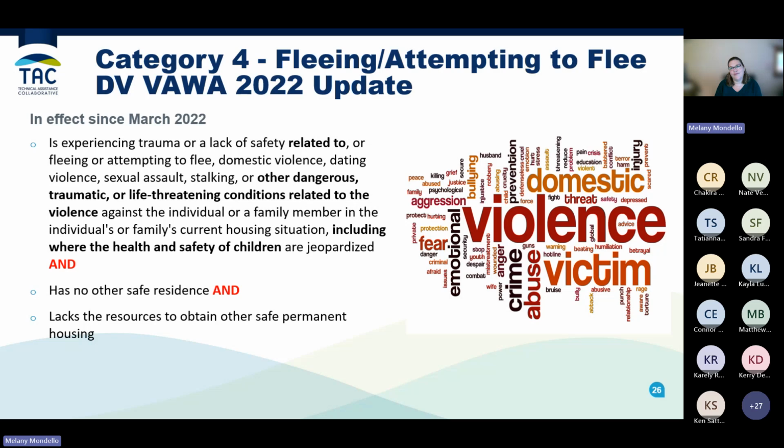Category 4, fleeing or attempting to flee, DV, VAWA 2022 update. DV is domestic violence, VAWA is the Violence Against Women Act, and that was updated in 2022. And it made some really key changes to the definition to make sure that people were not being screened out who were living in unsafe situations.